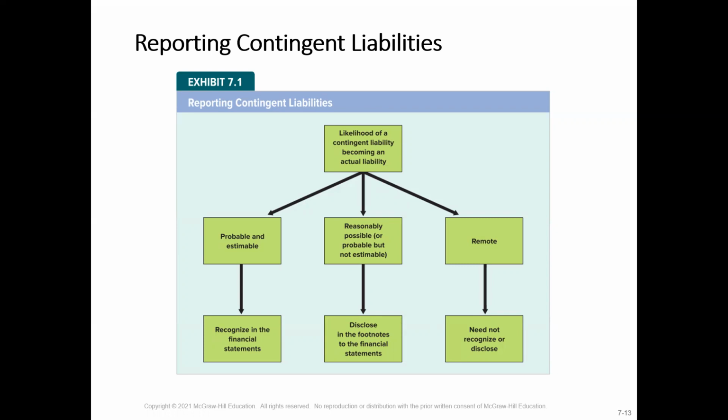So probable and reasonably estimated, yes, recognize the liability. Probable but not reasonably estimated, just disclose in the footnotes, but no recognition of liability. Remote likelihood, do nothing.